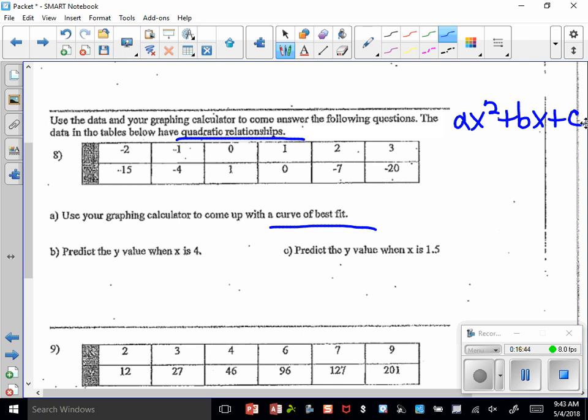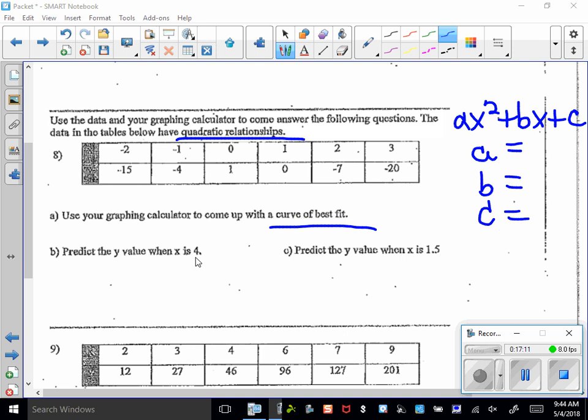So this time when you get your numbers off the calculator, it will give you 3 numbers. It's going to give you the A number, the B number, and the C number. Okay, so go ahead and put in your data first. Go ahead, stat and enter, clear your list. Okay, put in your data.